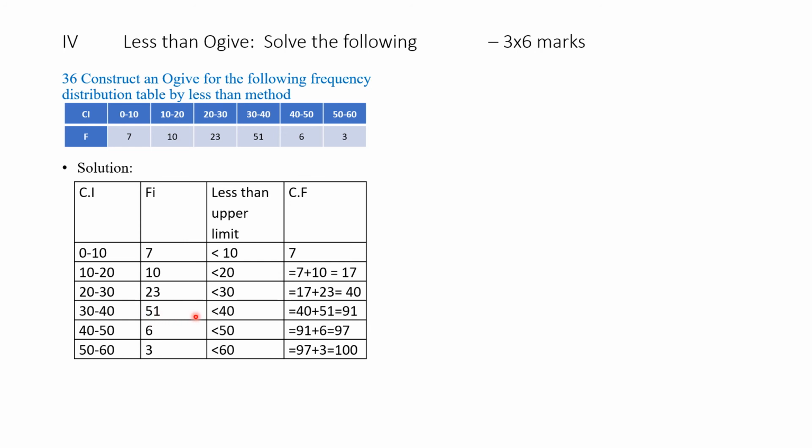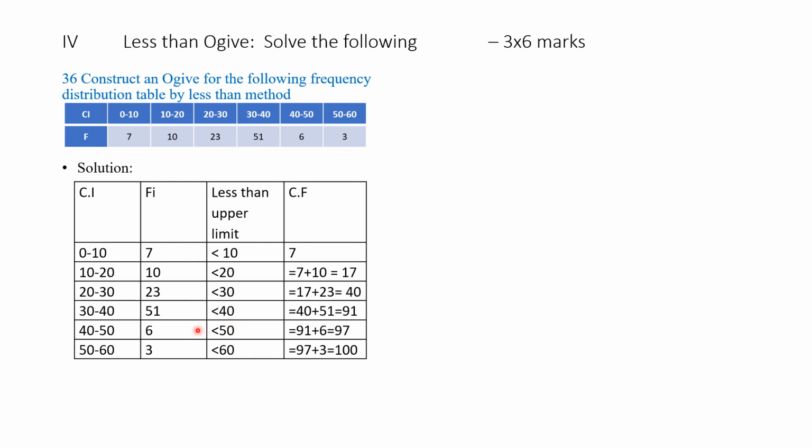Therefore, it is 40 from the previous and 51 in this. You add this 40 and 51. Therefore, less than 40 are 91. The next upper limit is 50, and the class frequency here is given as 6. Therefore, 91 plus 6 is equal to 97.